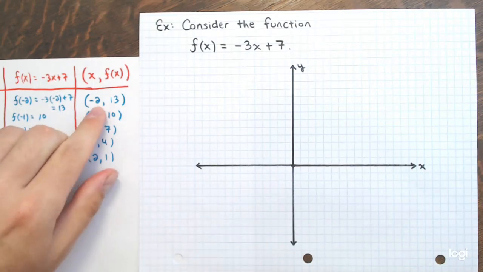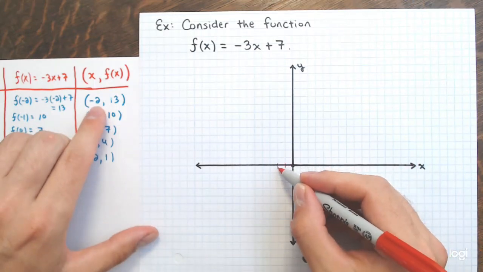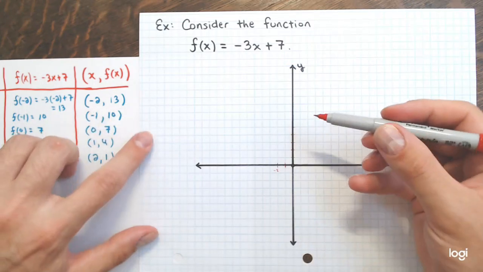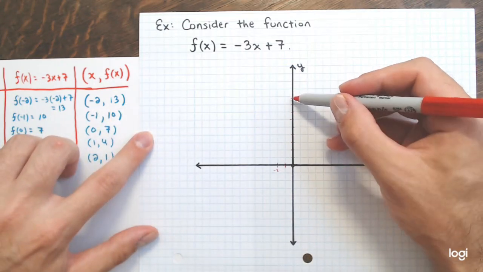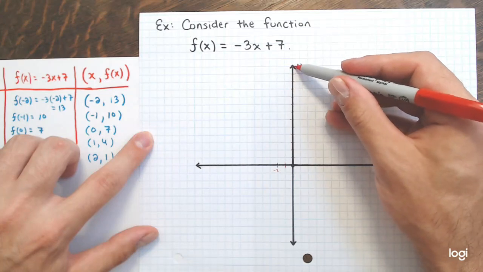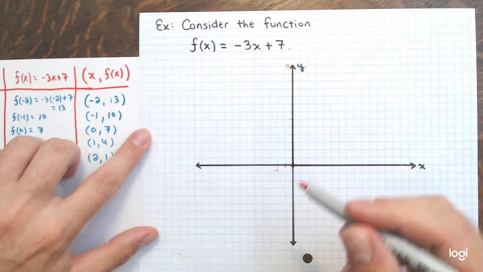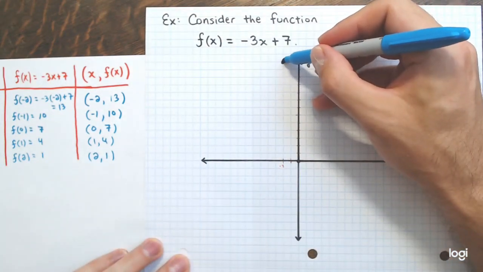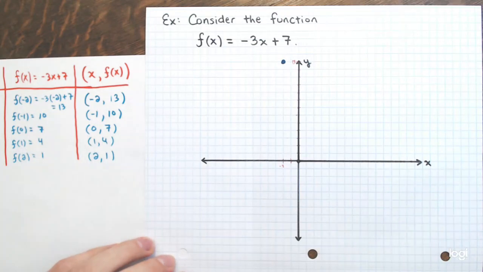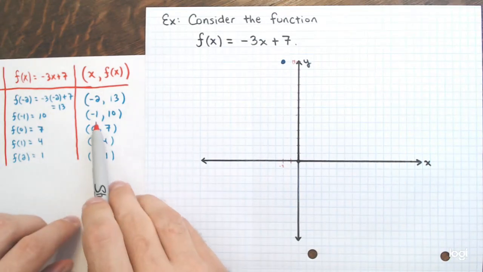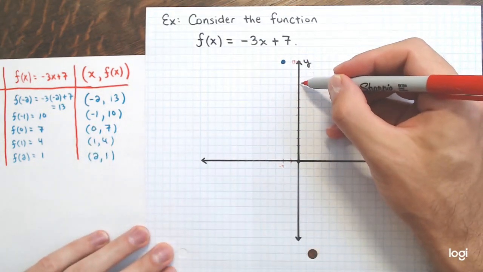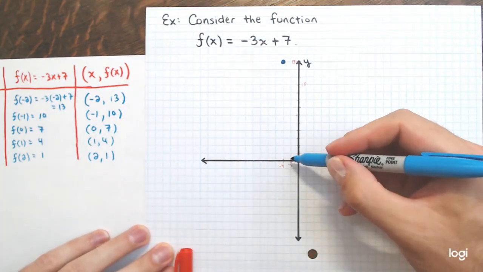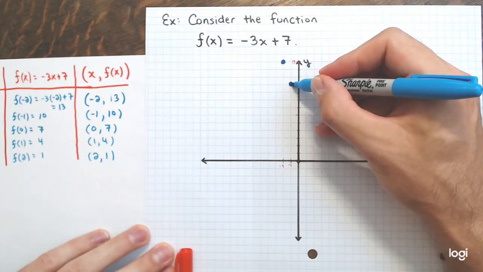The first ordered pair I'm plotting is -2 on the x, 13 on the y. So it's way up here, sorry about that. -2 on the x, 13 on the y, that is this location. And then I have -1 on the x, 10 on the y, that's this location.